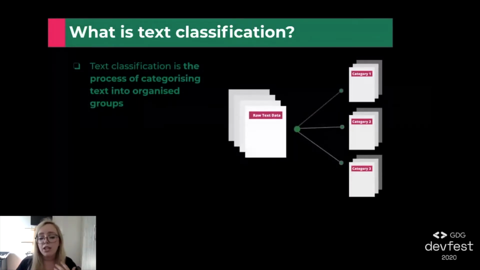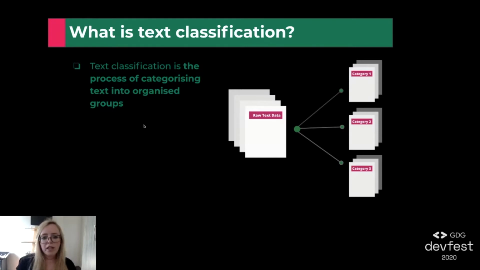So text classification is often used in SEO optimization. It's used in quite a lot of customer relationship management tools, often used for sentiment analysis and opinion mining. And honestly, it is transforming the way we're able to think about and work with our text data. So there are new use cases being thought of quite regularly.